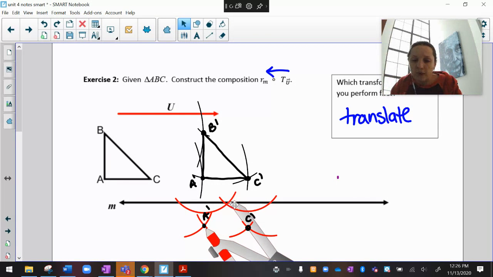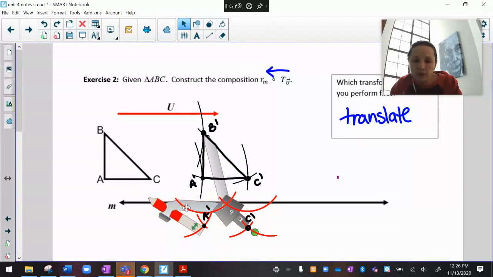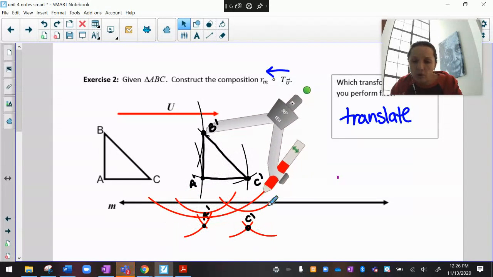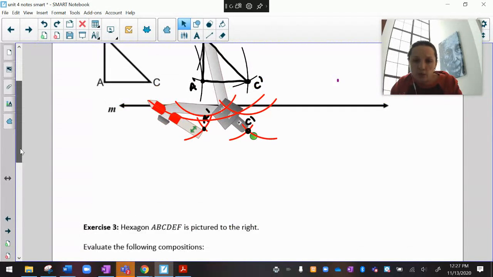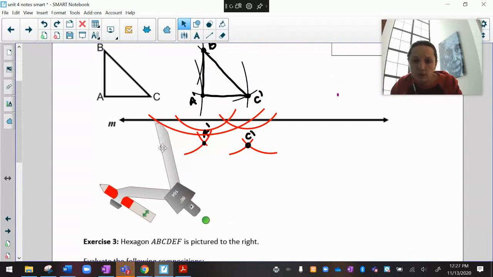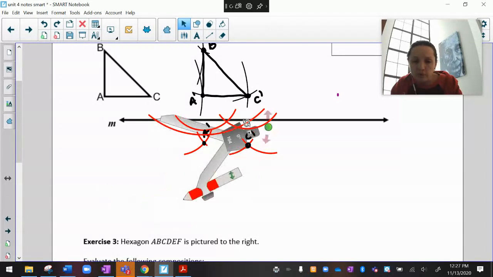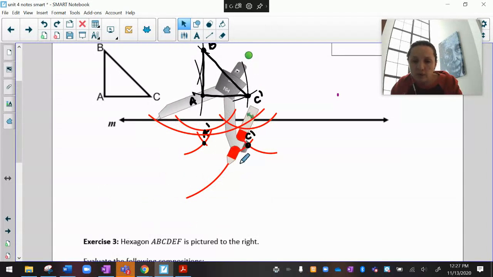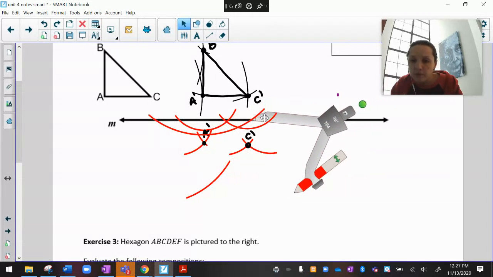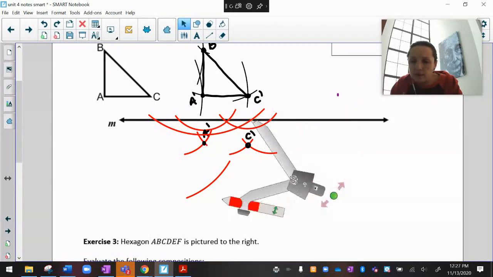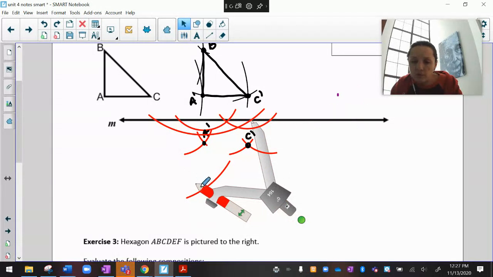And then last but not least, I got to do it with B. Open, big arc. And from each intersection, draw down. I'm sure you're sick of hearing me say this out loud. I don't know why I'm still talking. I can't seem to stop. There we go.